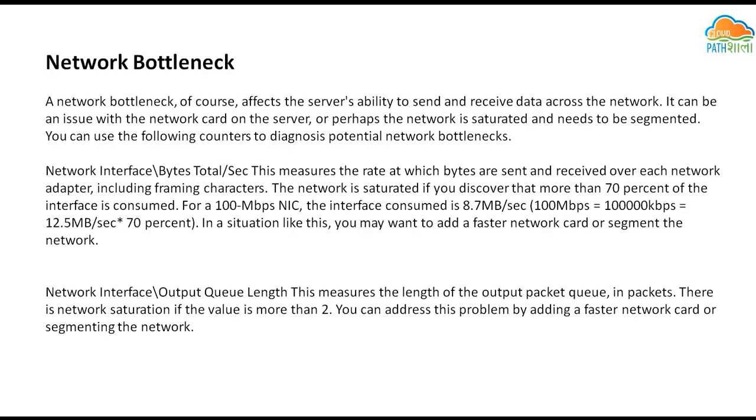That means it's somewhere around 12.5 MB per second, and it is utilized around 70%. In a situation like this, you may want to add a faster network card or a segment from the network side.